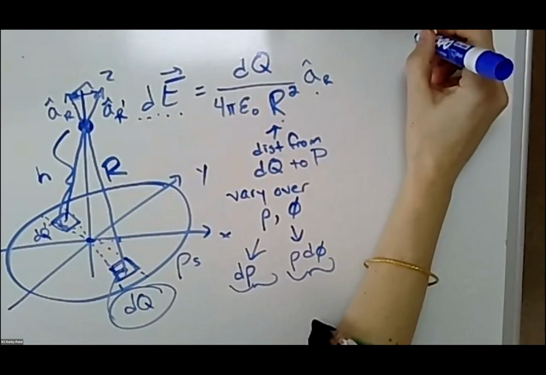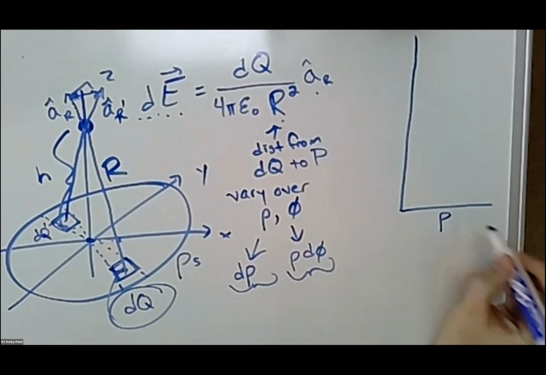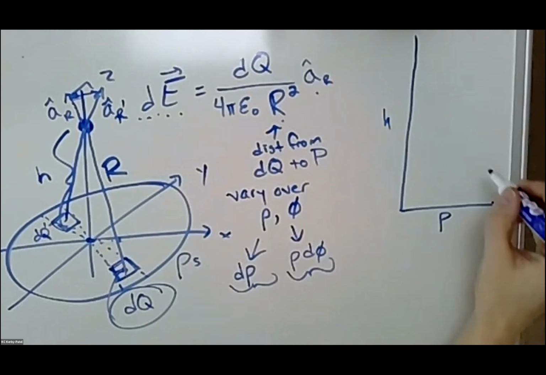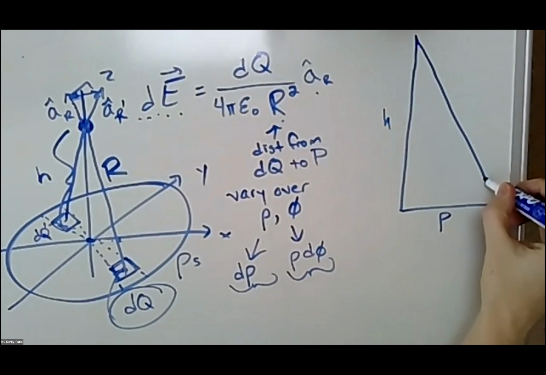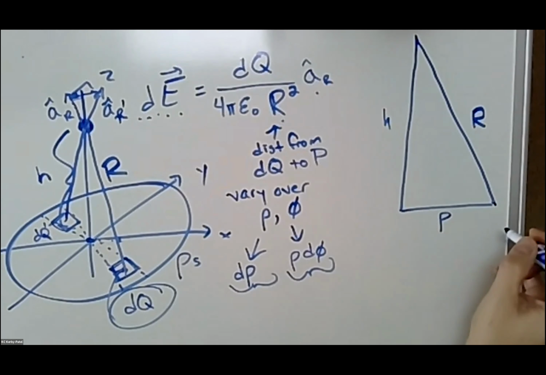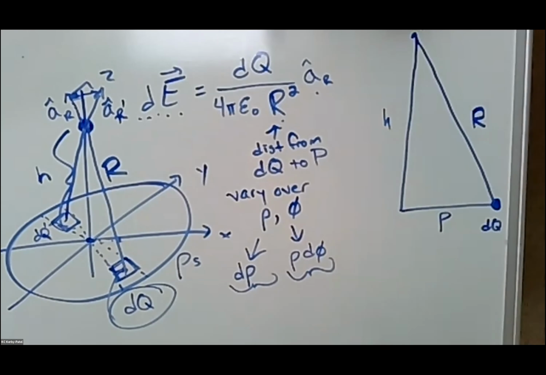I'm going to draw a triangle first. We have our z-axis here. This distance is rho. This distance is h. And this big, you see the whole triangle I'm drawing? There we go. The whole thing is r. dq is over here on this corner. And p is up here at the top.